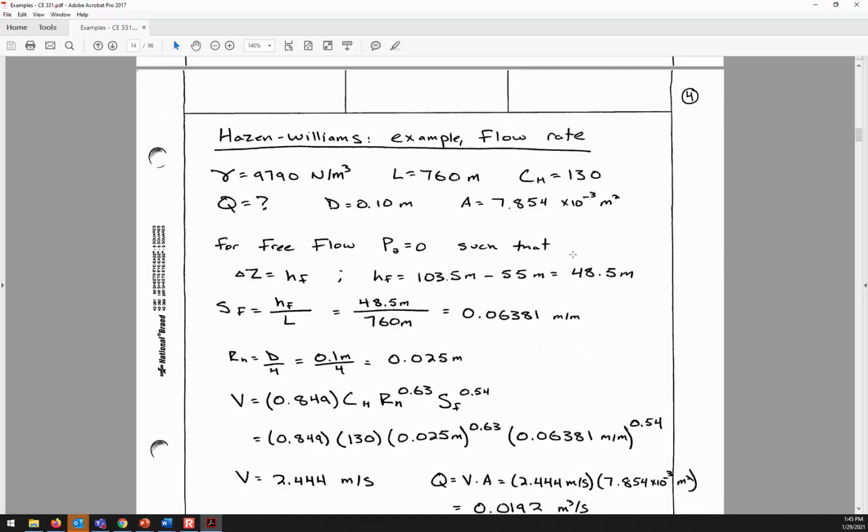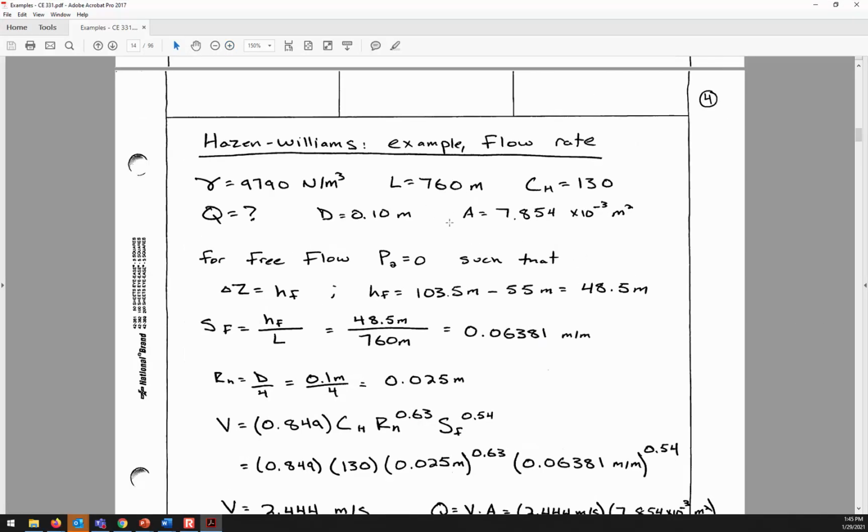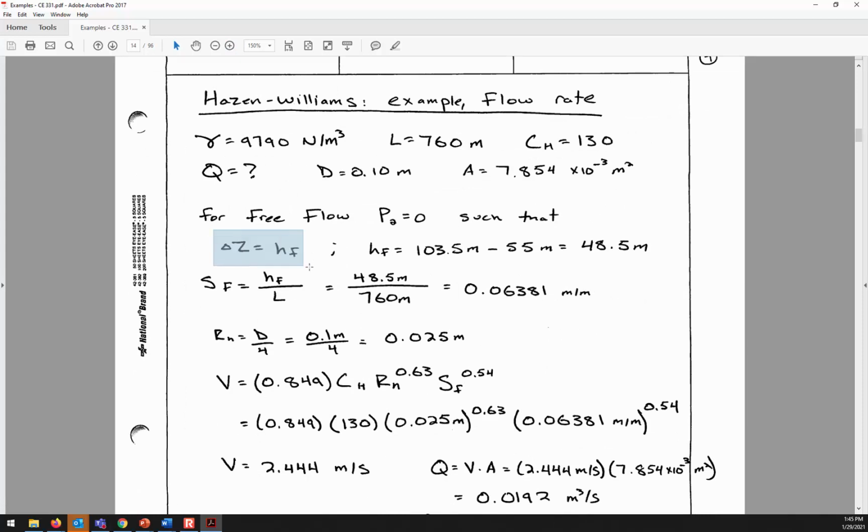All right, so to find the unknown flow rate, we say that the elevation difference is H sub F. So as the water flows through the pipe, it's losing energy equal to the elevation difference between the inlet and the outlet. And so then on a per unit length basis, we can find the slope of the energy grade line.